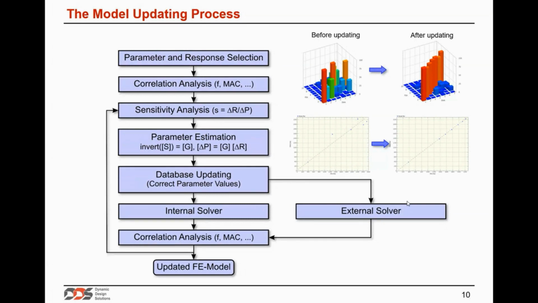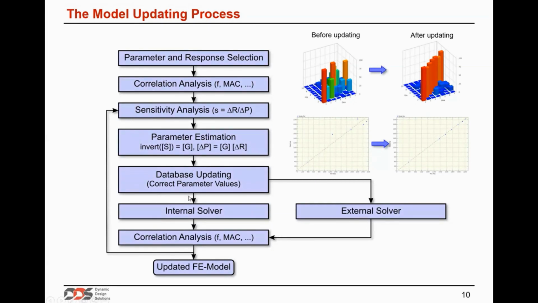Once this is done, then the automated loop can start, which includes the parameter estimation. It's a specific type of structural optimization to reduce the difference between the test responses and the simulation responses. From this, an equation is solved, leading to new parameter values that need to be implemented in the database.